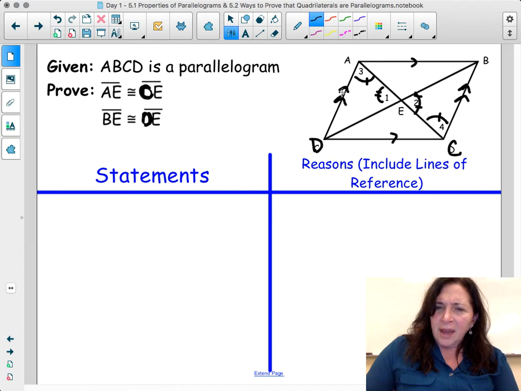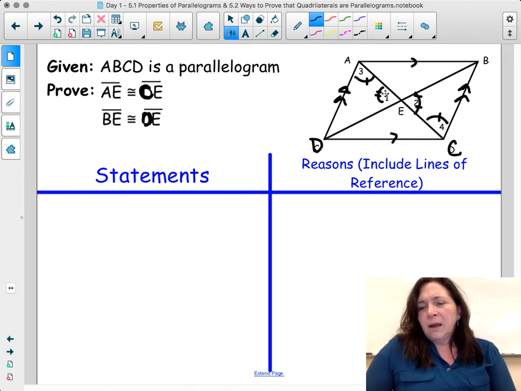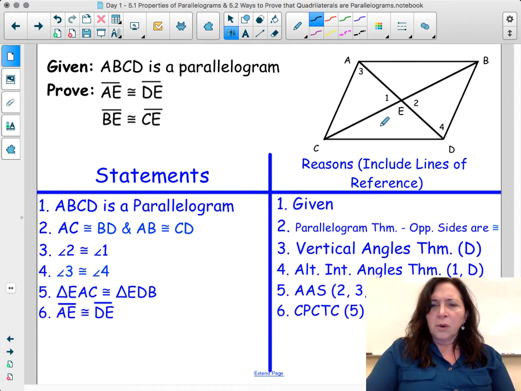So that means that this side would have to be equal to this side. Well, if that's the case, then I can prove these two triangles on this side congruent by angle side, and therefore parts are going to be congruent if the segments are congruent. So the proof is here.